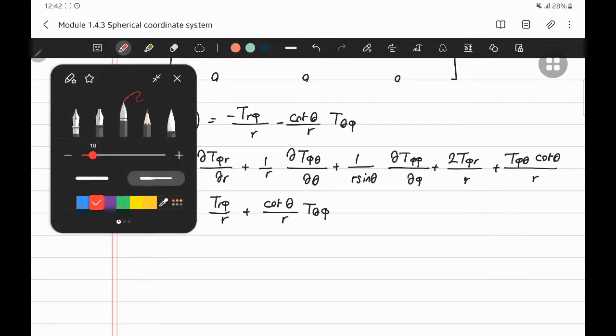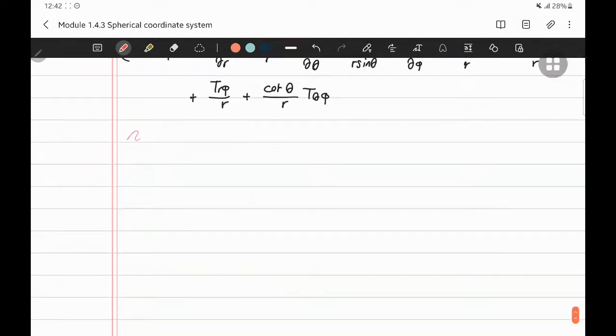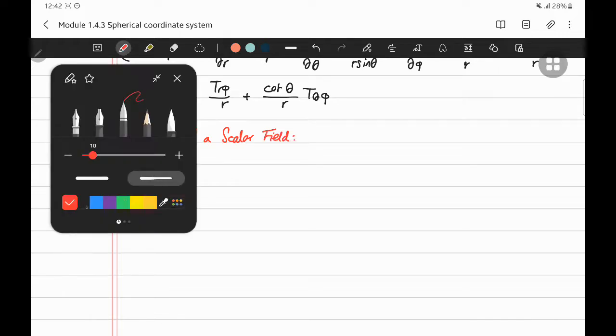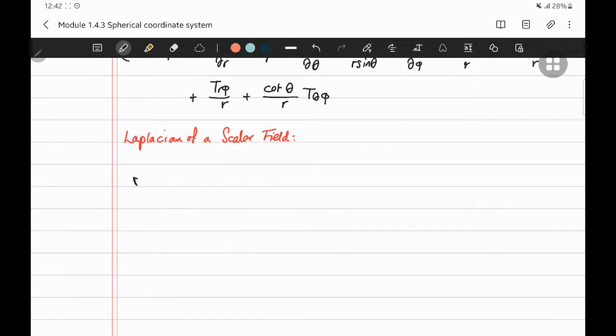So next we have the Laplacian of a scalar field. If you remember, we had del squared f, the Laplacian, and f is a scalar field, of course, is equal to del dot del f, which is basically this del operator here.